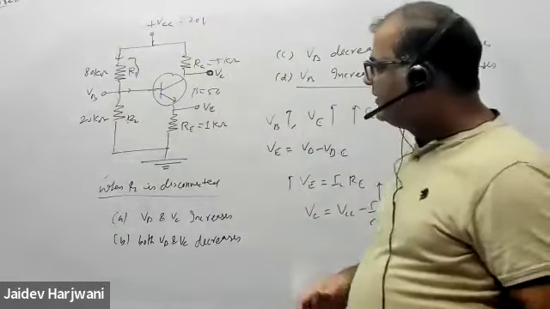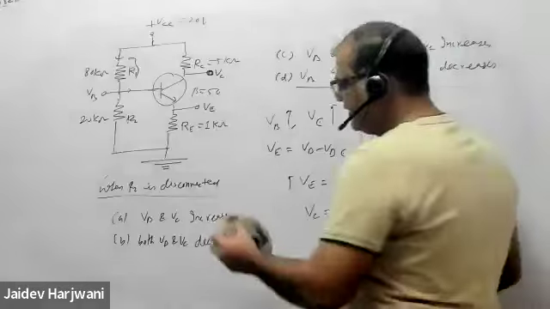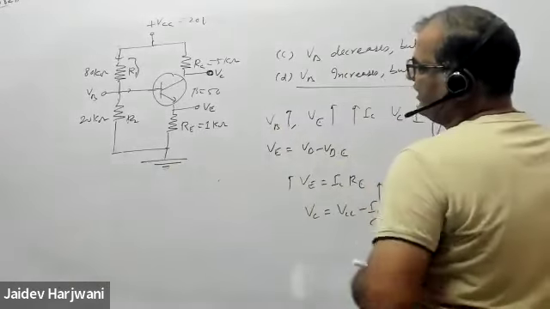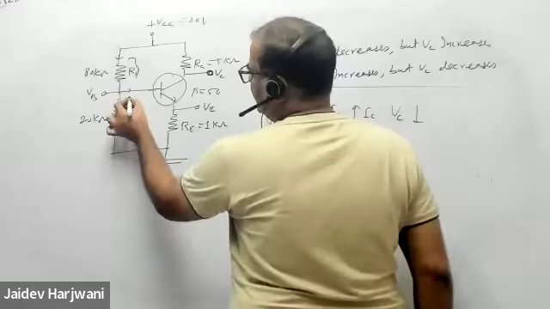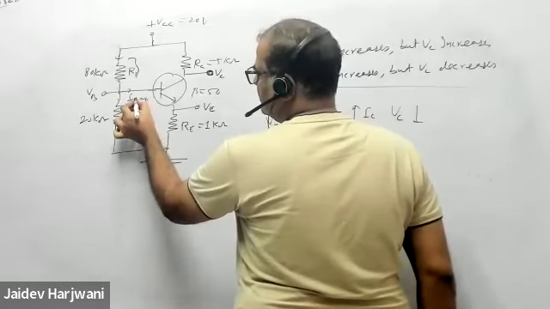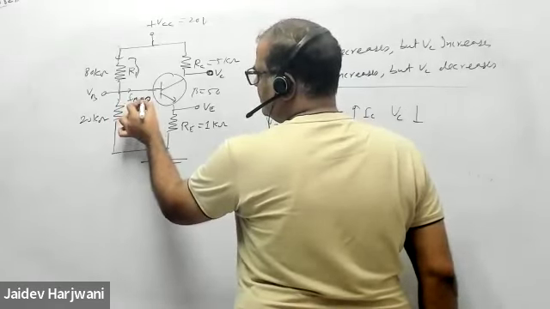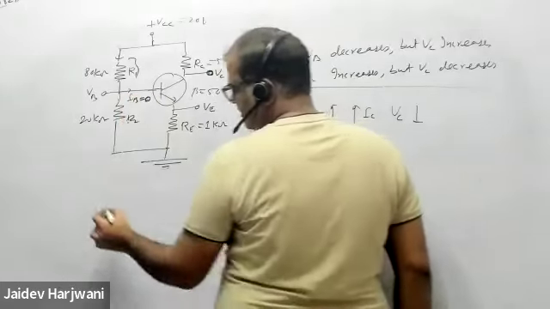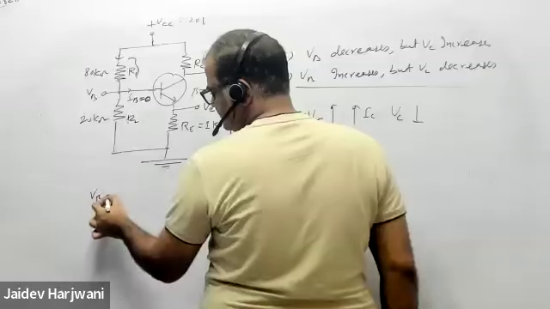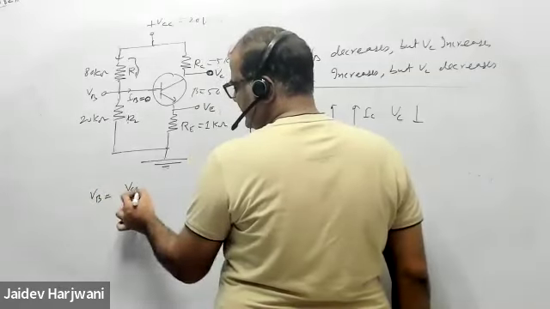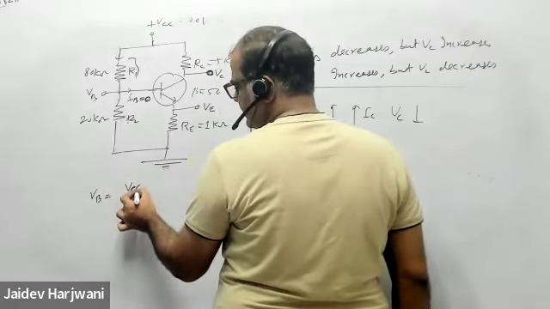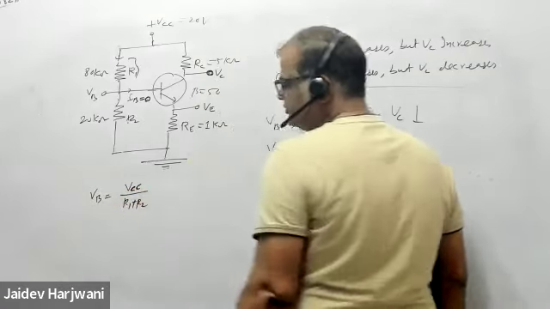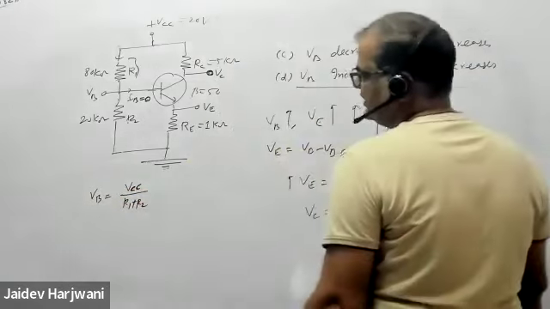Now we will check what actually happens in reality by solving this. Find the VB, neglecting IB, IB is 0. So VB is your VCC divided by R1 plus R2, into R2.